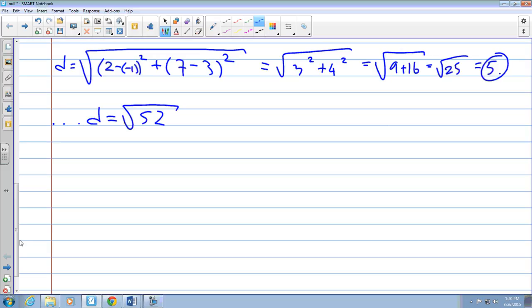Simplify, right? How do we simplify radicals that are not perfect squares? You're trying to factor it into a product of a perfect square and something else, right?